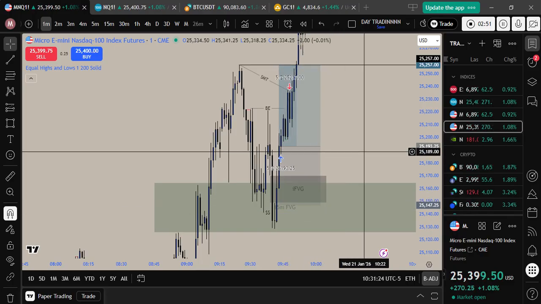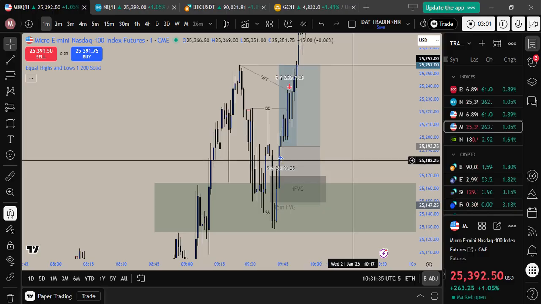For every 100 ticks, one mini is $500 risk. So I wanted to risk 500, and it was almost 200 ticks, so I just sized down. So I took 5 macros.